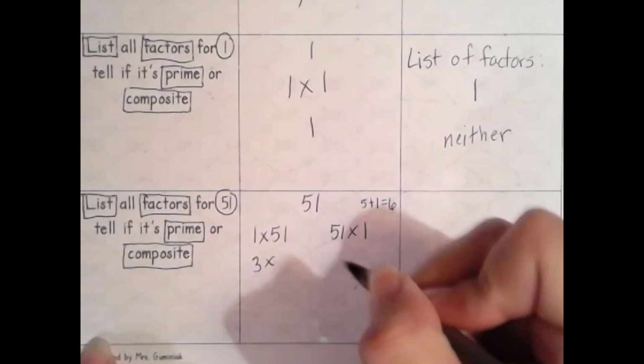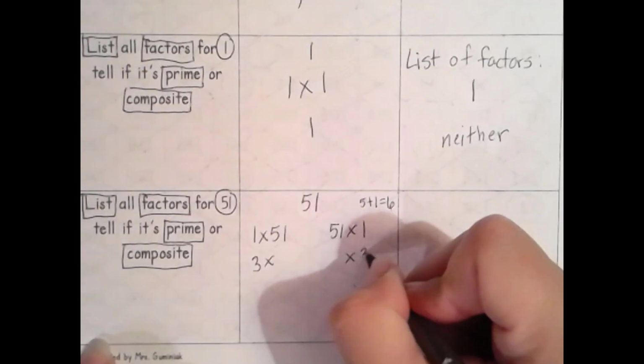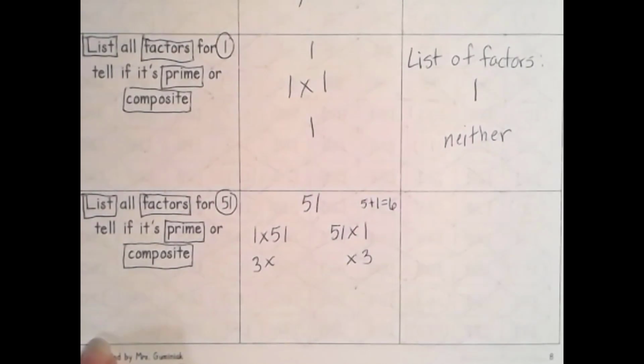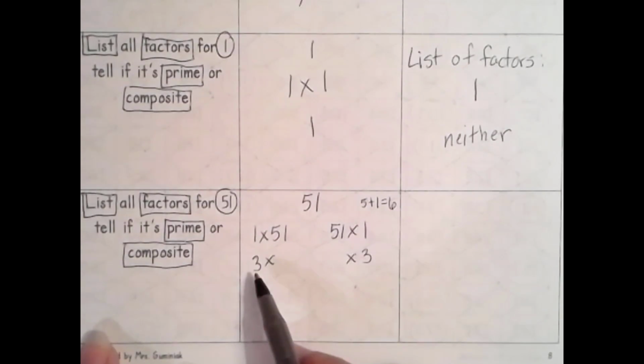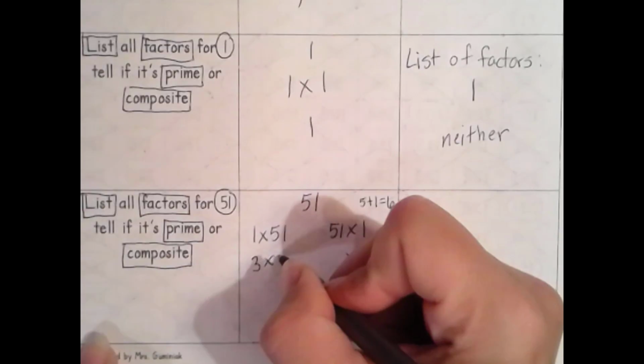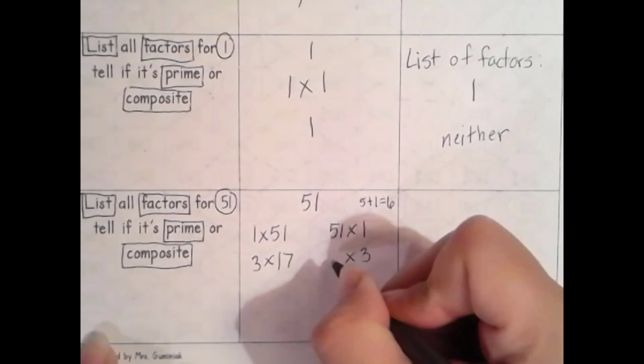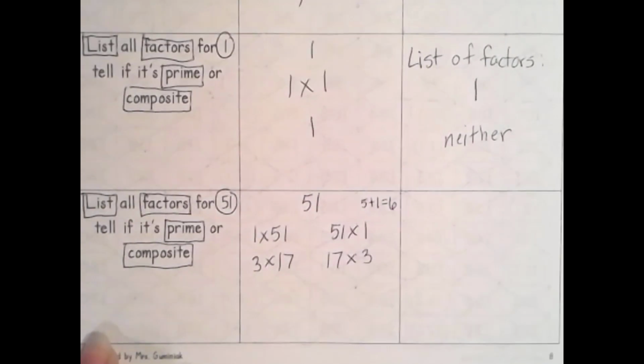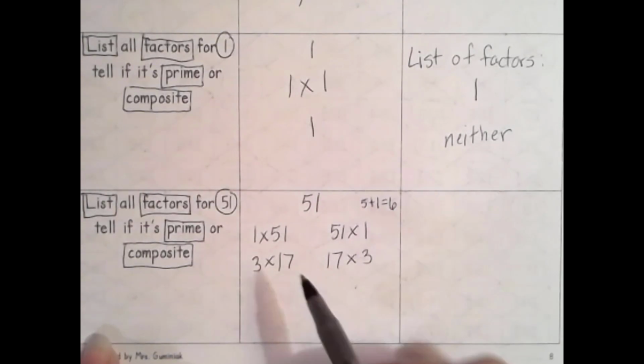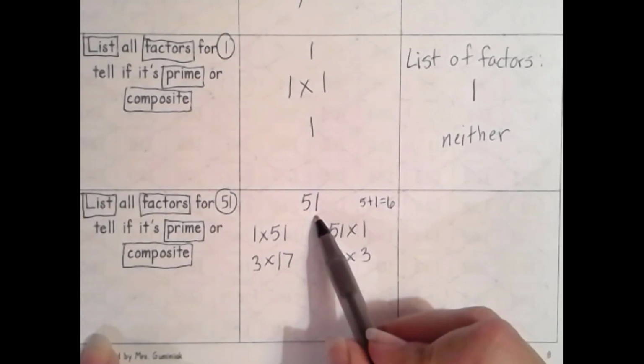3 times something. So if we look on the multiplication chart, we can see that 3 times 17 makes 51. Okay, we try 5. The rule for 5 is it ends in a 0 or 5.